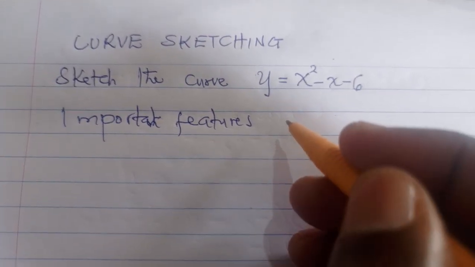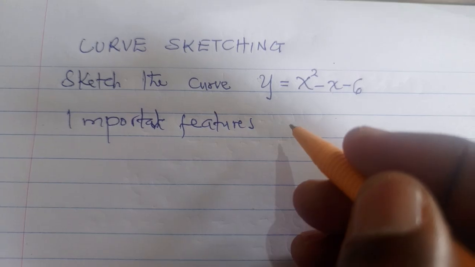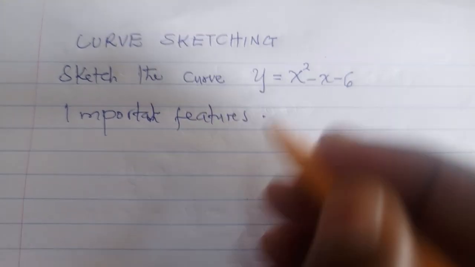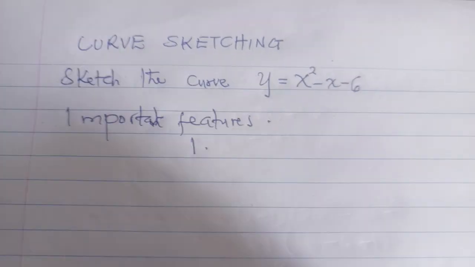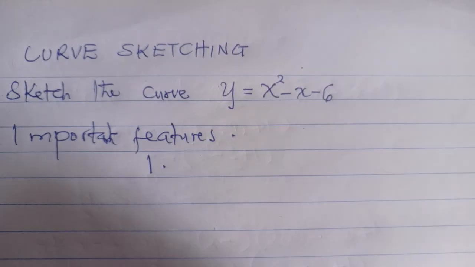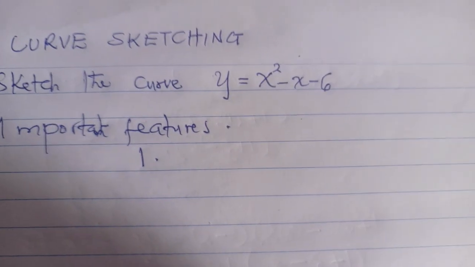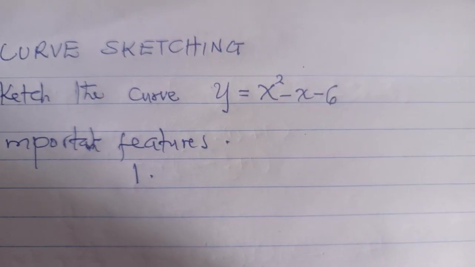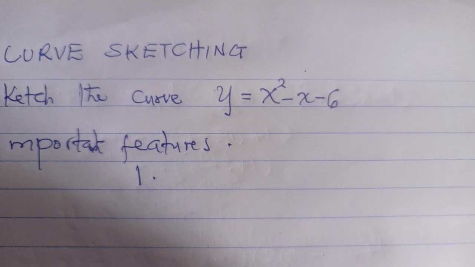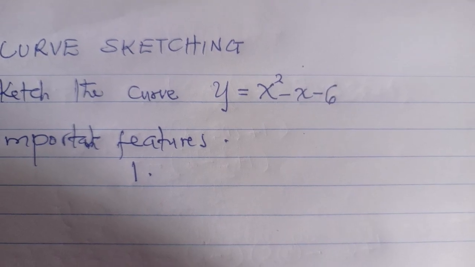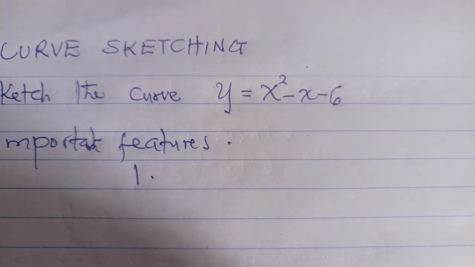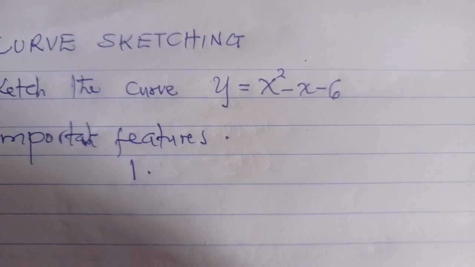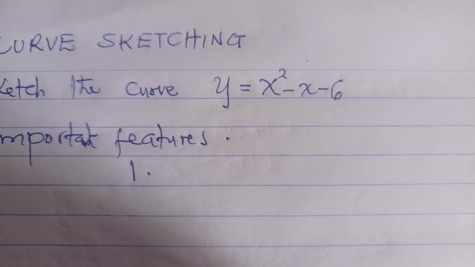And there are 2 or 3, let's see. The first one is that even when you are asked to sketch a curve, in other words, you are not given a graph surface, so you are not expected to draw on an accurate scale in the x and the y axis. You still have to show these salient features of the curve.